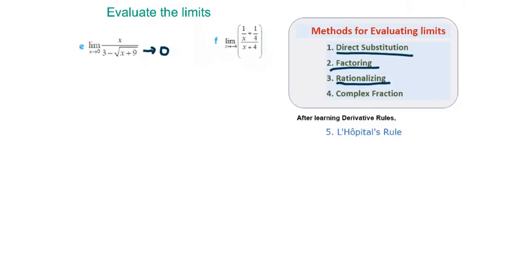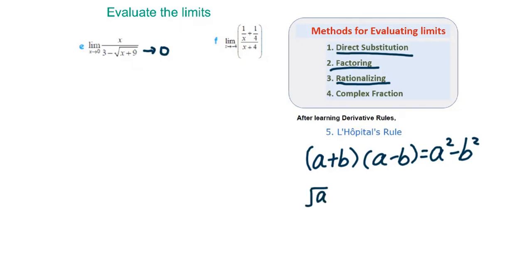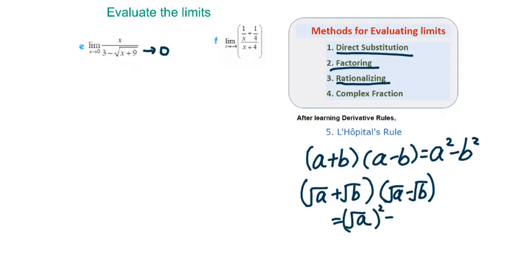What's conjugate multiply? Basically, it's a plus b times a minus b. That equals a squared minus b squared. So if we have square roots, like square root of a plus square root of b times square root of a minus square root of b, you will get square root of a squared minus square root of b squared, so that you can get a minus b.